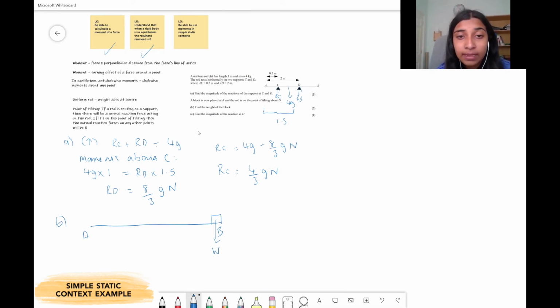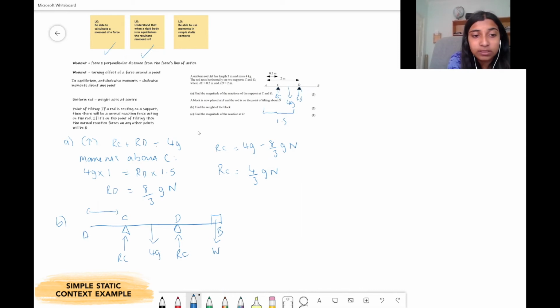We'll still have our same supports C and D, our reaction force here as RC, our weight will still be 4G, and our distances will still be the same.